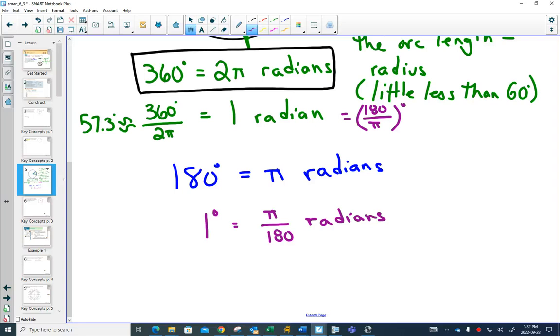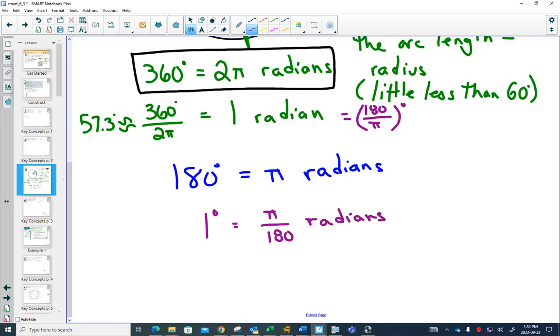Now, something that's going to get you confused in this unit, right? I mean, there's lots of things that can get you confused in this unit. But just a question for you. Is 1 equal to 12? No? How about if I say, is 1 foot equal to 12 inches? Yes, right? So they're equal if you put units on there. We're able to say that 180 degrees is equal to pi radians.